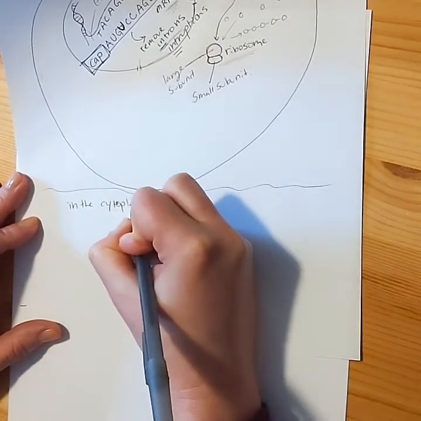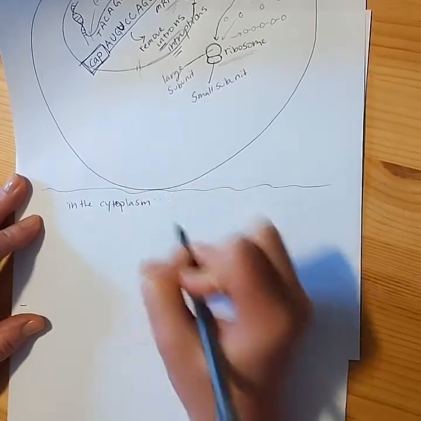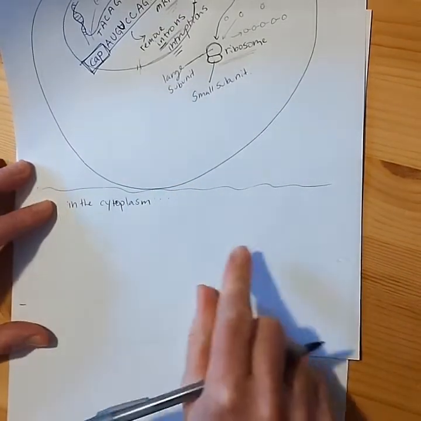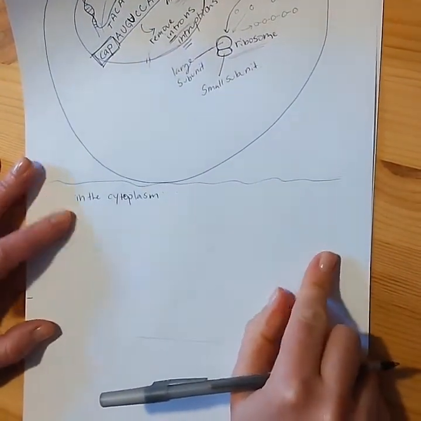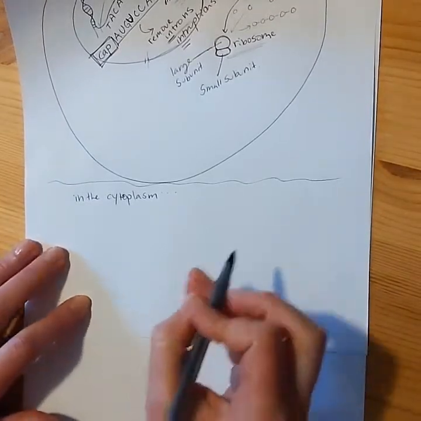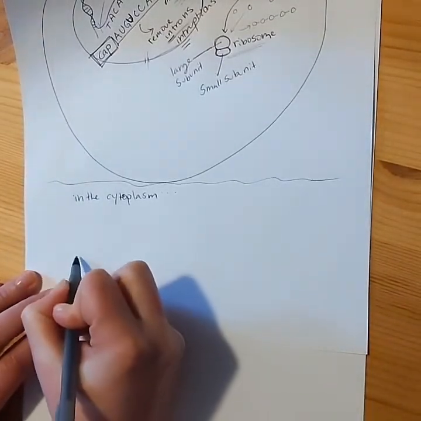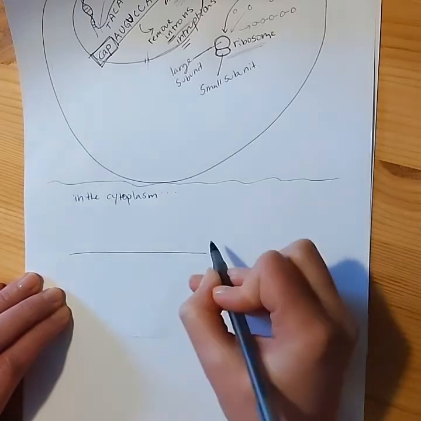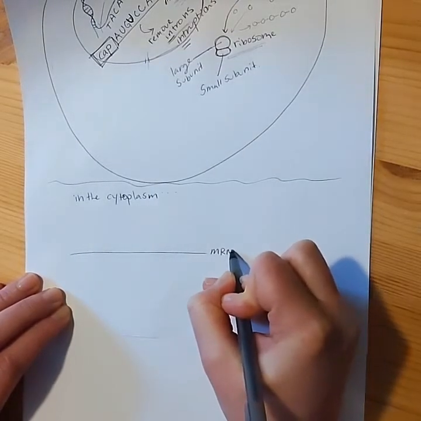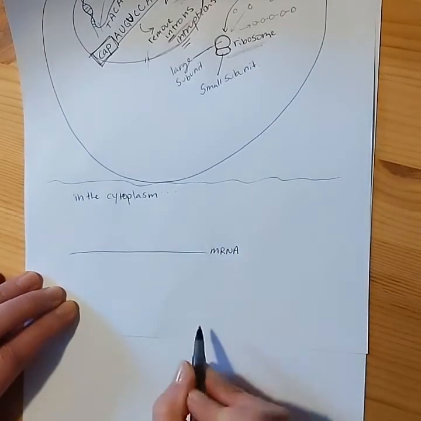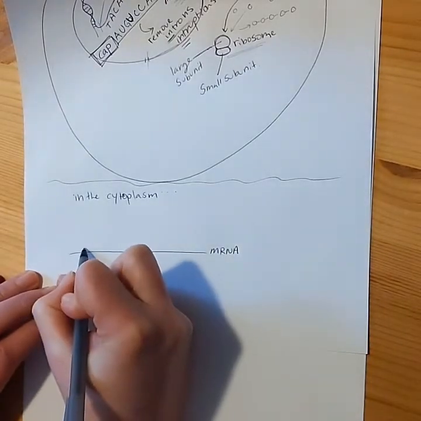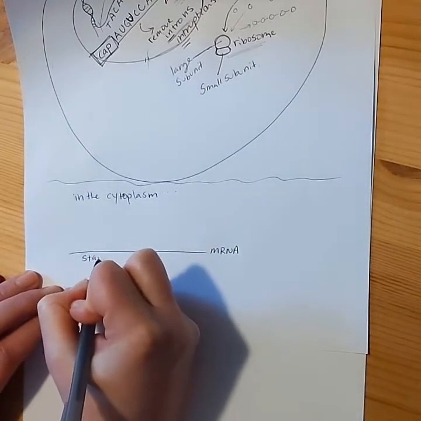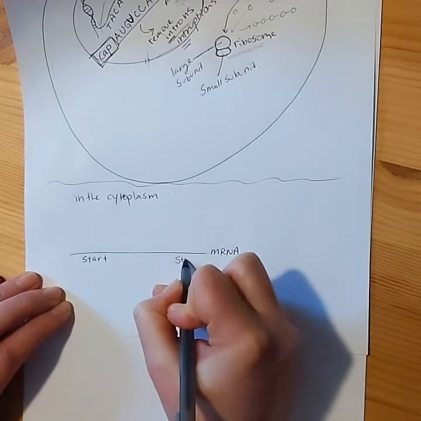That's an O. So this is happening in the cytoplasm. Here's how it works. I've got my mRNA. My mRNA is going to have a start and a stop.